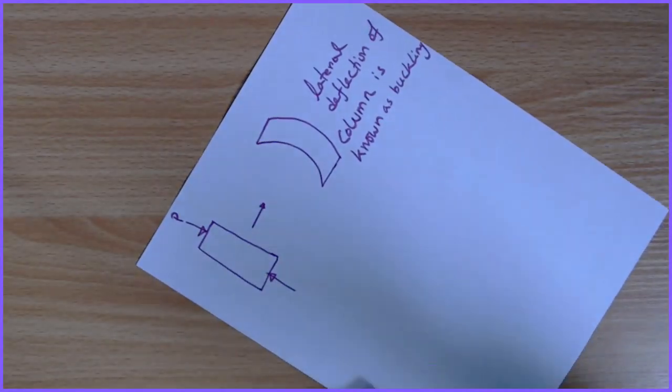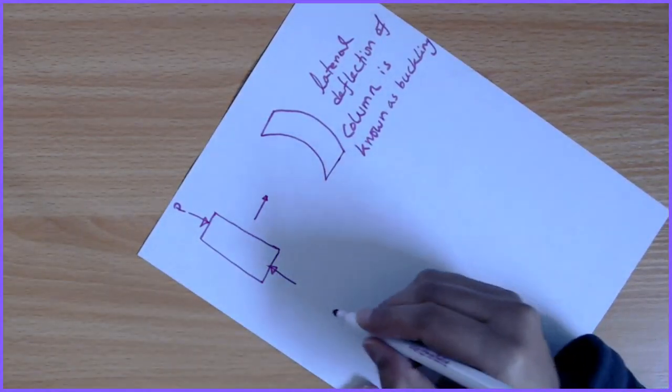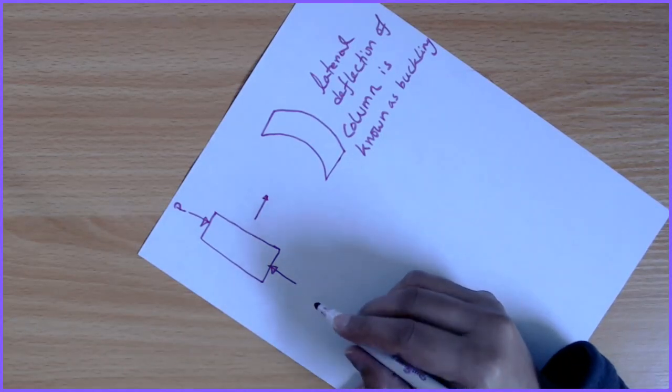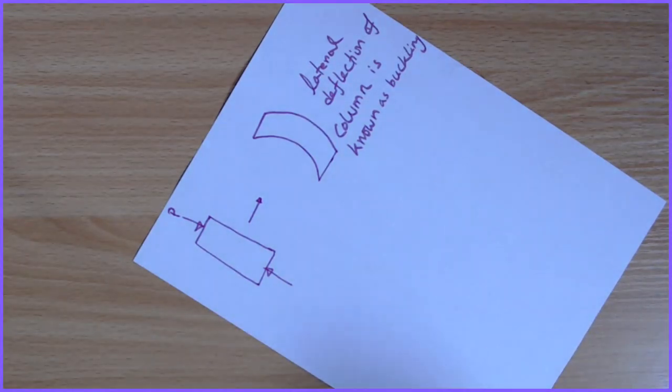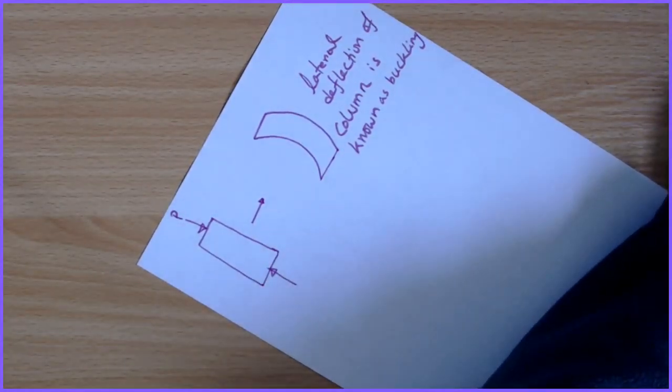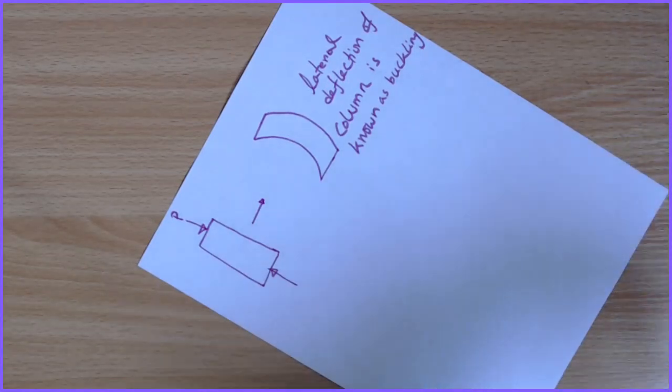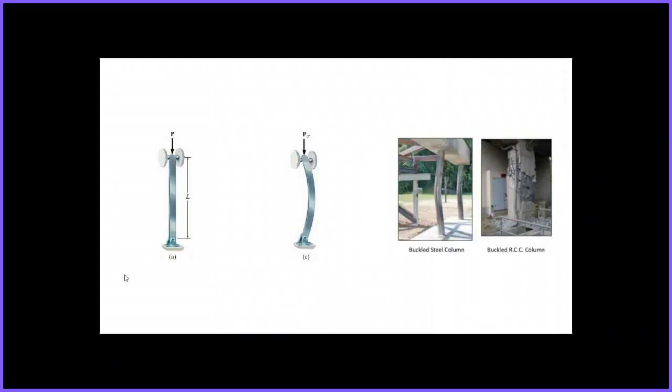Okay, now let me give you one example. Here in this particular example, this is a column which is supported at the bottom, and you applied load, and because of this load, this column has a lateral deflection, and buckling occurs.